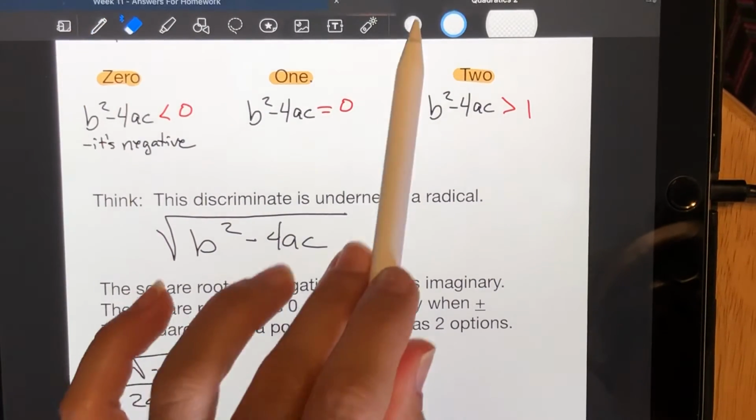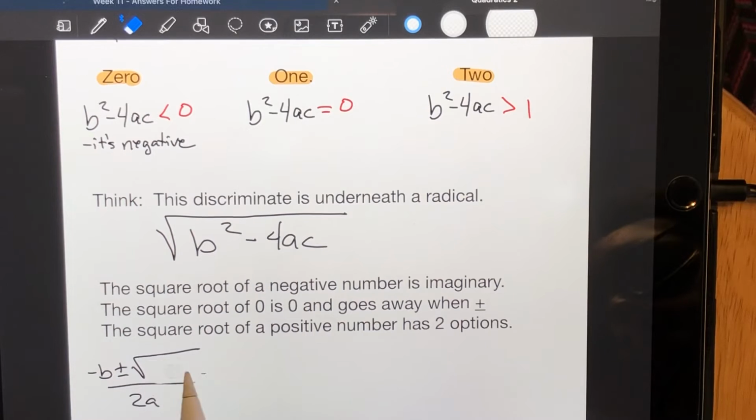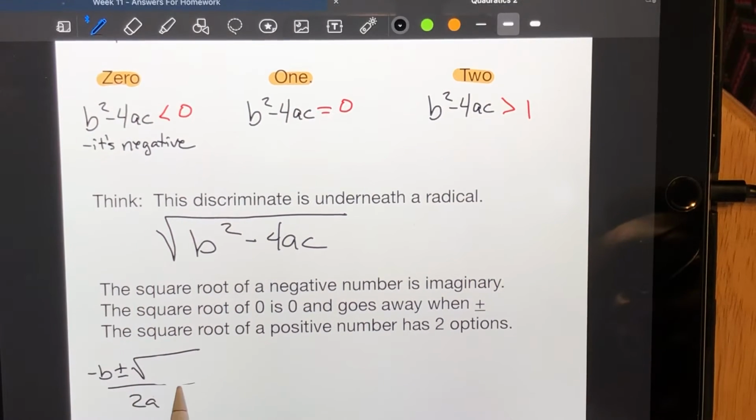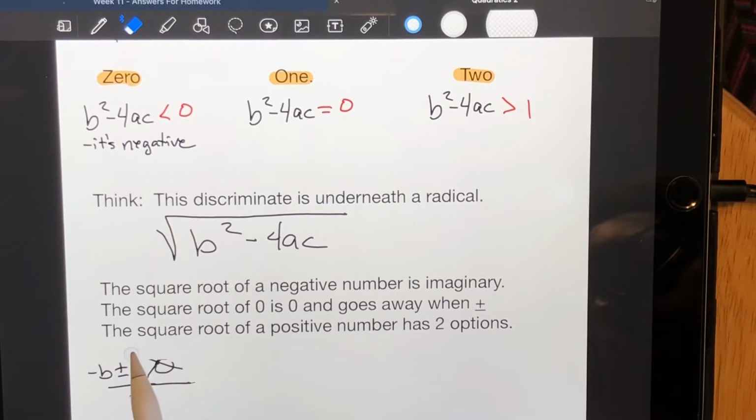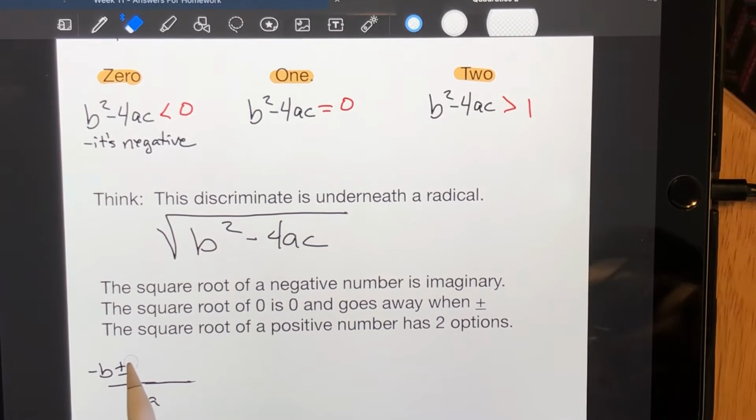Now, let's look at it. If my discriminant comes out to be 0 under here, then this entire part can just go away. The square root of 0 is 0, and plus or minus 0 doesn't change it at all.